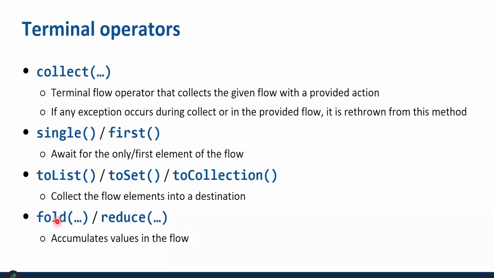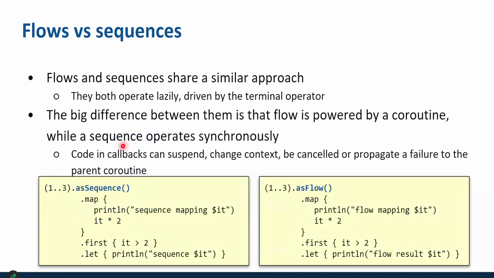You remember that the fold was the most general method to execute, for instance, accumulators and stuff like that. And also reduce is quite used in the world of flows, to create, for instance, based on accumulators or other specialized operators, your filtering and processing.